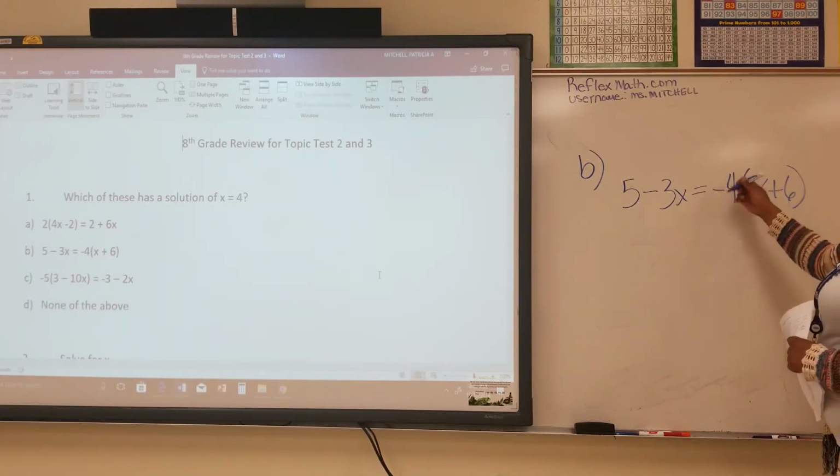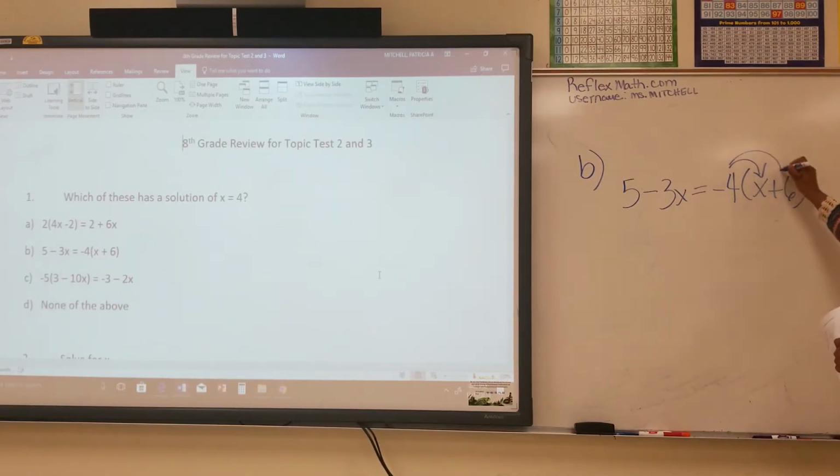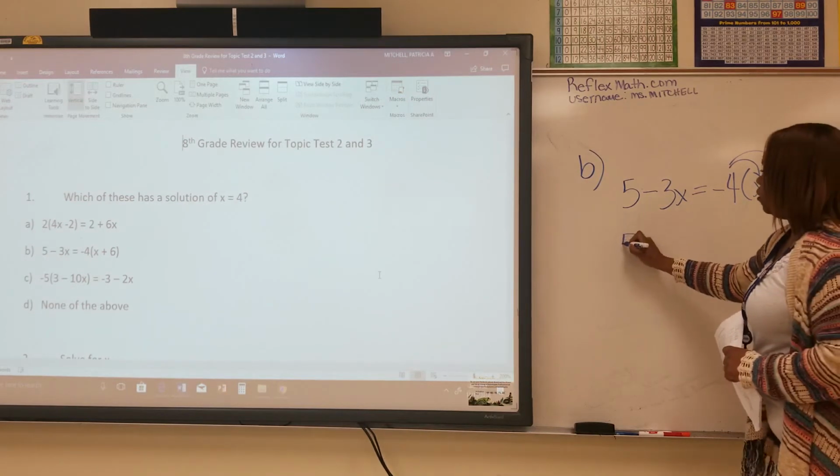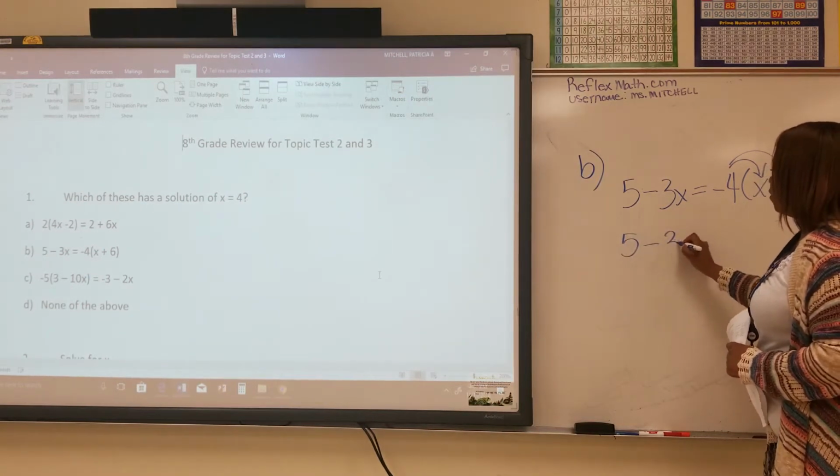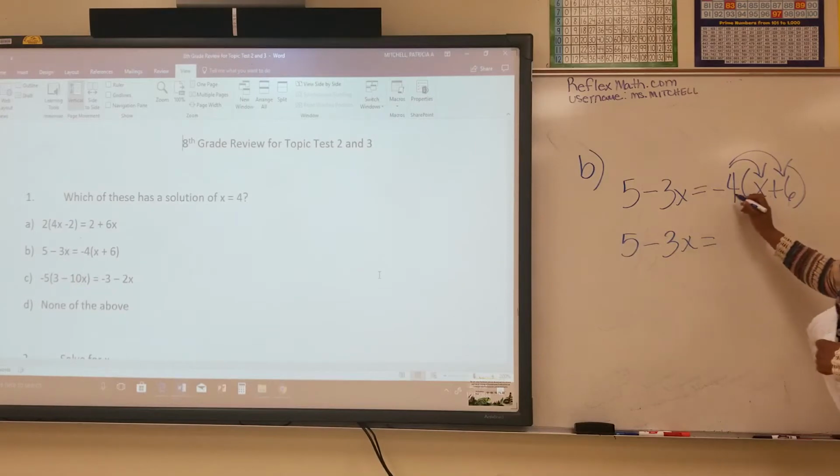And remember again, we're going to have to distribute this negative 4. So we can drop this 5 minus 3x right here. Negative 4 times x gives us negative 4x. Negative 4 times 6 gives us negative 24. From here, we'll be combining like terms.